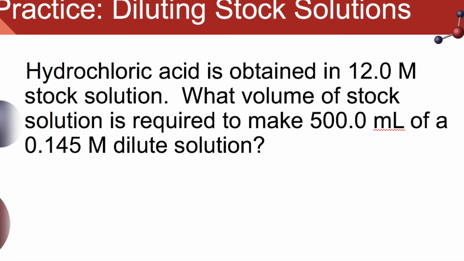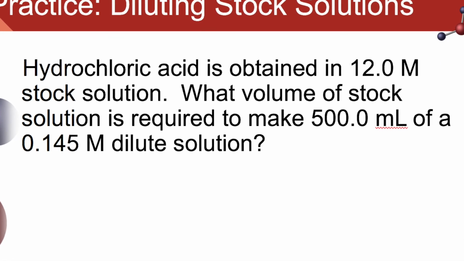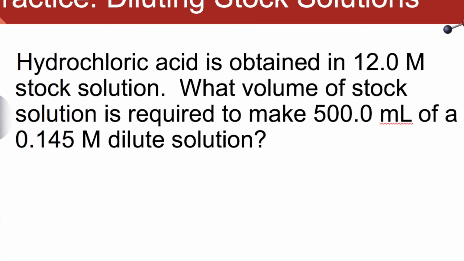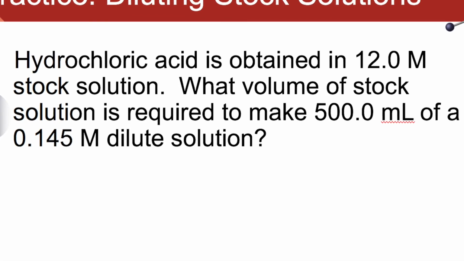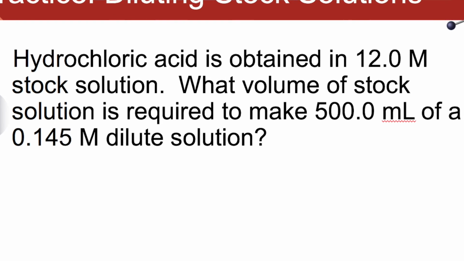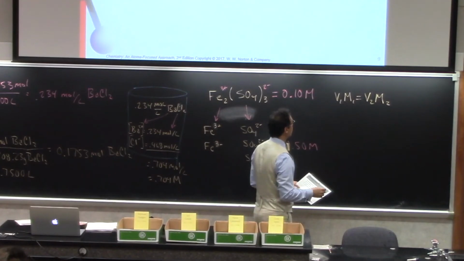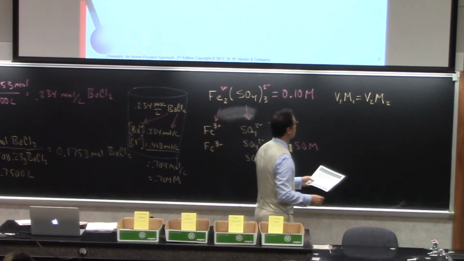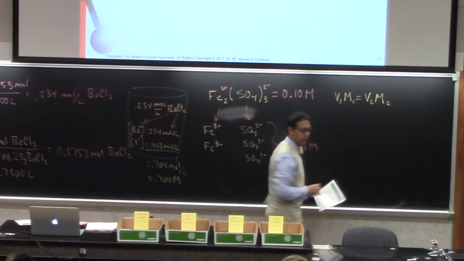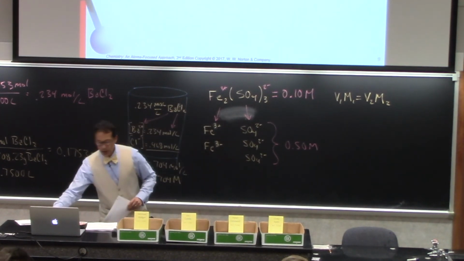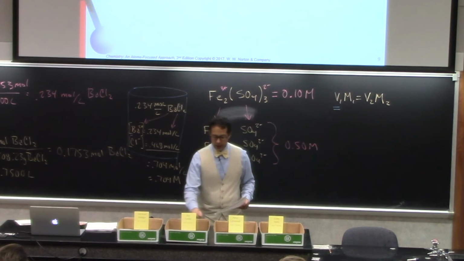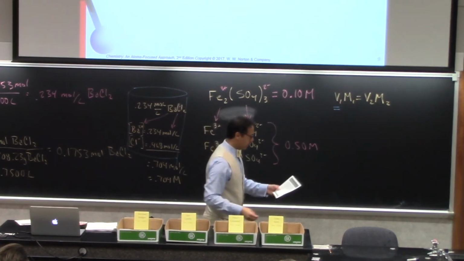And there are lots of numbers in there, and it seems really complicated, but fortunately our formula is just this: V1 M1 is equal to V2 M2. What we're trying to find, it says, is what volume of stock solution. So this is our concentrated solution. We're trying to find this right here.